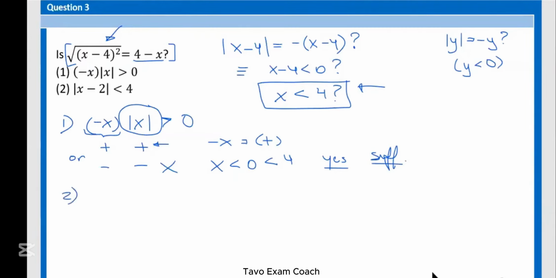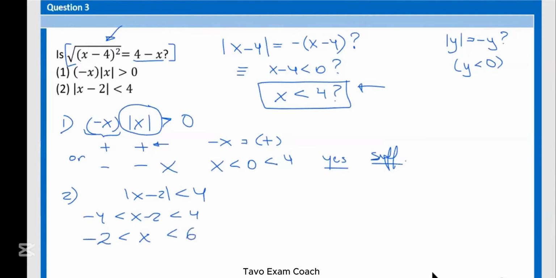Statement 2. The absolute value of x minus 2 is less than 4. We know how to open this. That means the distance of x minus 2 to 0 is less than 4 units. So that means that x minus 2 should be between negative 4 and positive 4. In that way, x would be greater than negative 2 and less than 6.